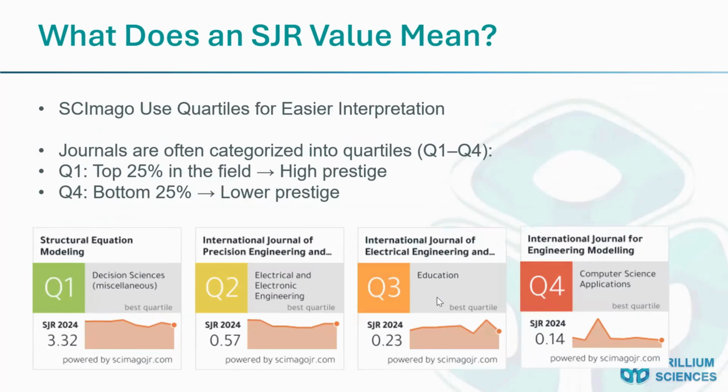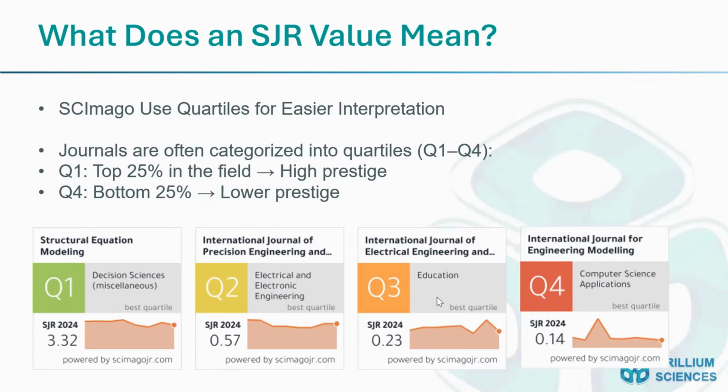However, the good thing about this website, the SCImago website, is that it also uses quartiles for easier interpretation. Journals are often categorized into quartiles Q1 to Q4. Q1 means it's in the top 25% in the field and it has high prestige. Q4 means that it's in the bottom 25% and it has lower prestige.